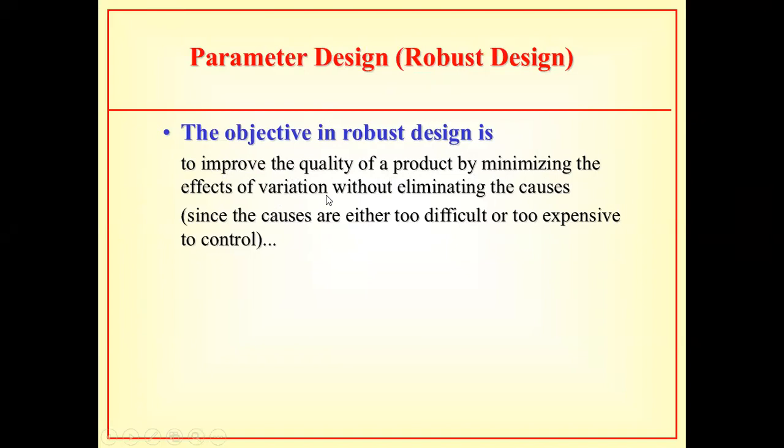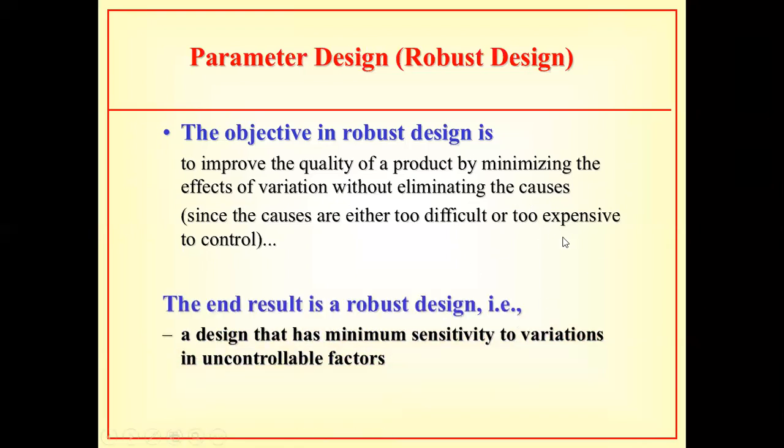Suppose you go for turning at 350 RPM, or turning at 400 RPM, what is the effect of 350 or 450 on the surface of the material? We want to minimize that effect, because we want the product to be exactly the same, first time and every time, without eliminating the causes, because sometimes it is very expensive to control the causes. So our main objective in robust methodology is to minimize, tending to zero, the variation in the product.